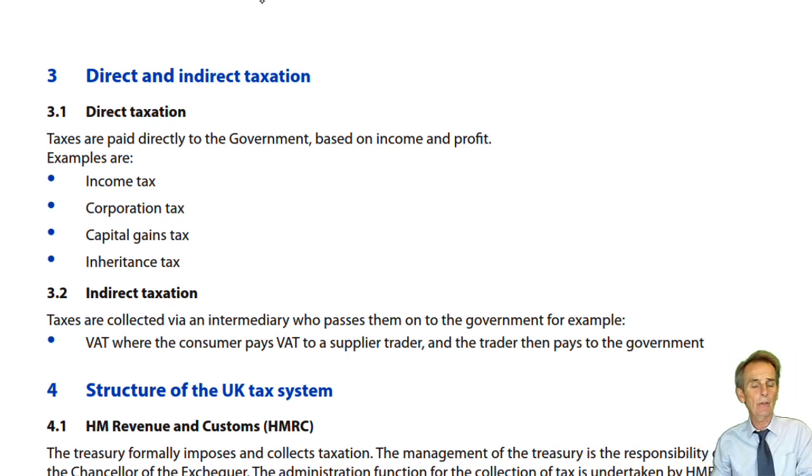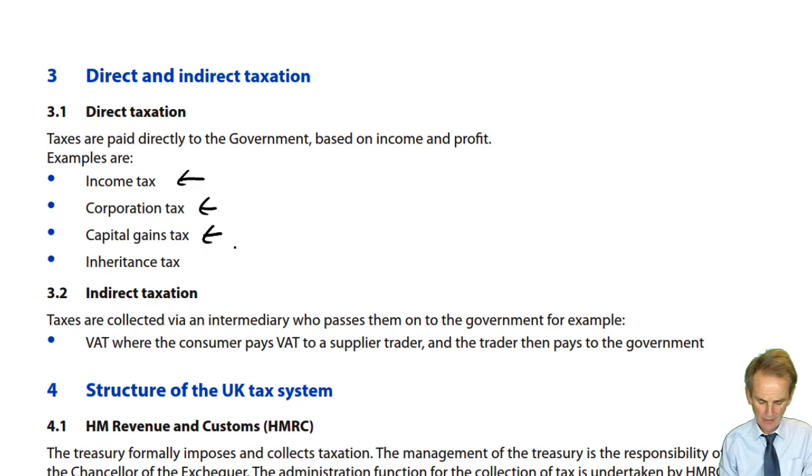It was this area of a comparison of direct and indirect taxation. All of the taxes that we've seen so far, which as you'll know, are income tax, corporation tax, capital gains tax and inheritance tax, are all said to be direct taxation. Why the word direct?